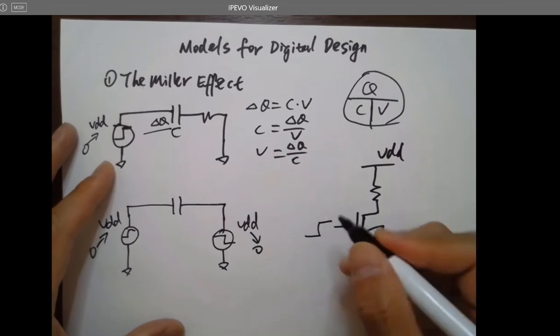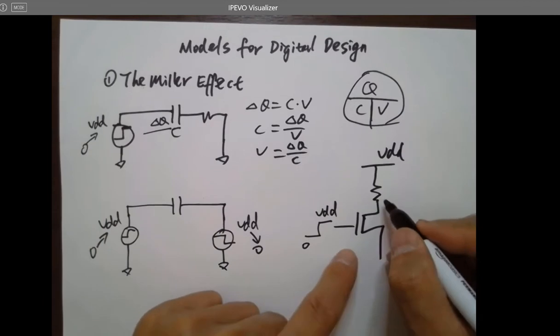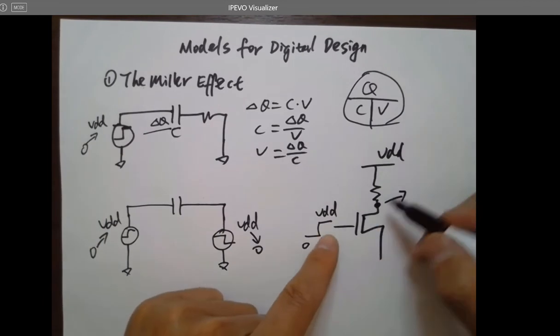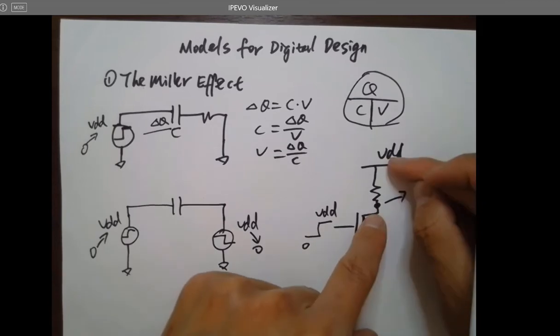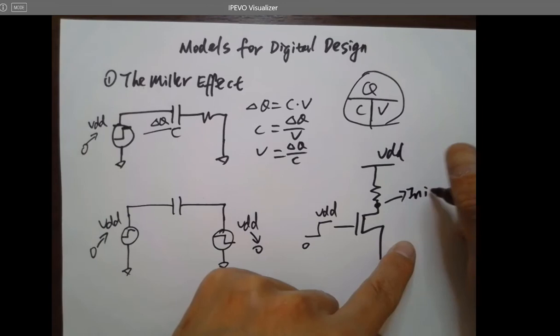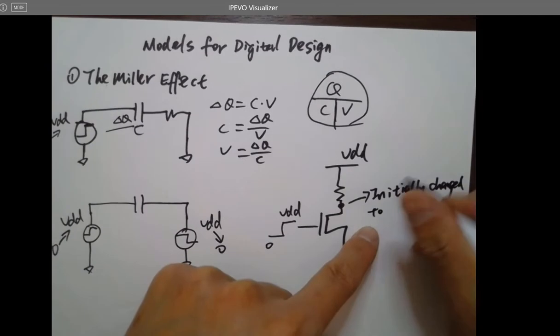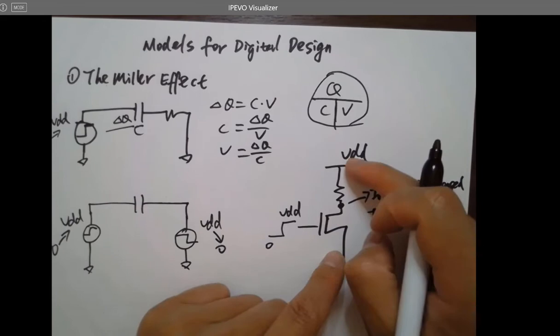If I switch this on from 0 to VDD, and before I switch this on, the output terminal was VDD because that was a disconnect circuit for the NMOS channel as being put up to VDD. So initially this was charged to VDD because it's being put up to VDD.